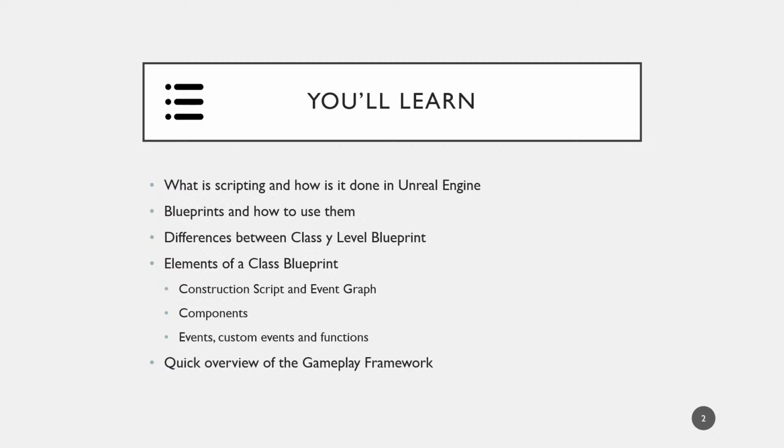The elements of a class blueprint: construction script, event graph, components, events, custom events, stuff that you can use to create more functionality, right? And at the end, we will quickly overview the gameplay framework that would be a next step to take if you want to dig deeper and go further in your blueprint knowledge, right?